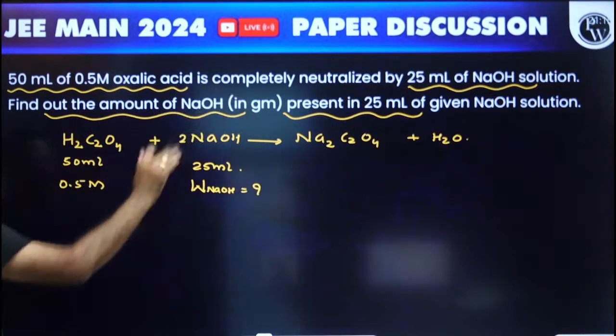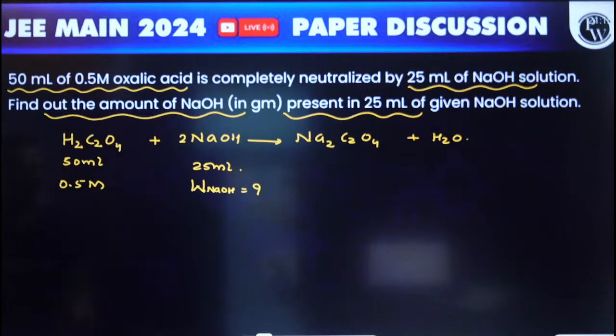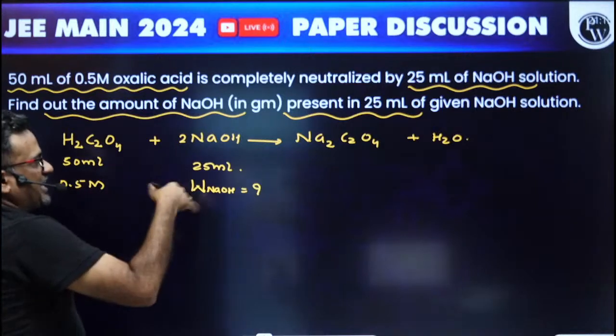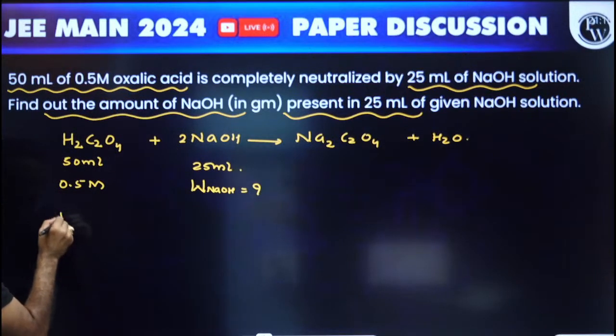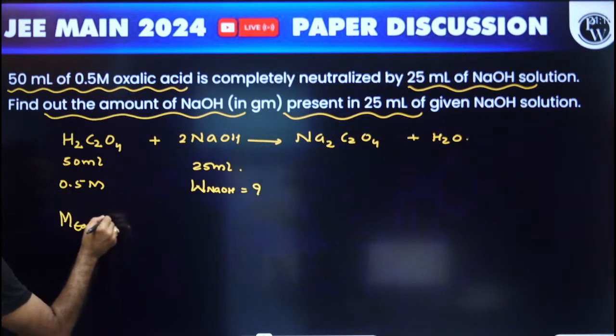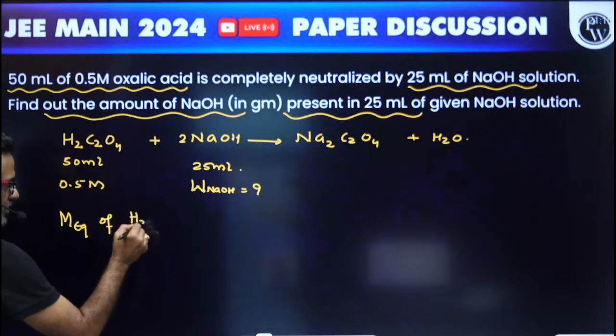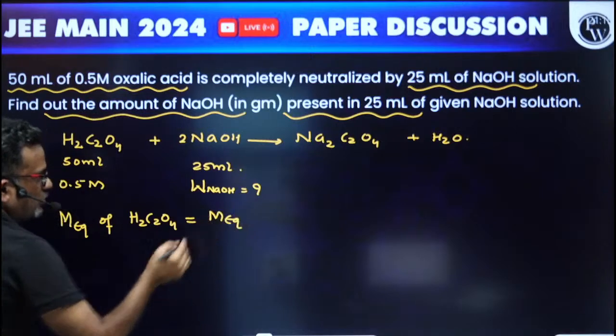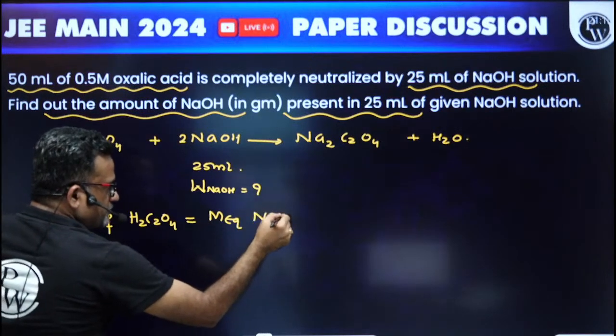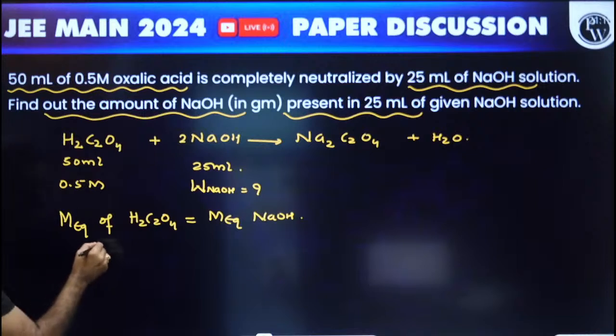See, when they are undergoing neutralization, apply the law of chemical equivalents. According to the law of chemical equivalents, number of milli equivalents of oxalic acid is equal to number of milli equivalents of NaOH. What is the milli equivalents formula?